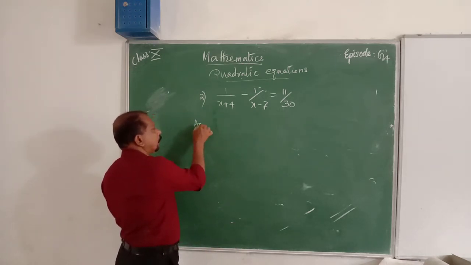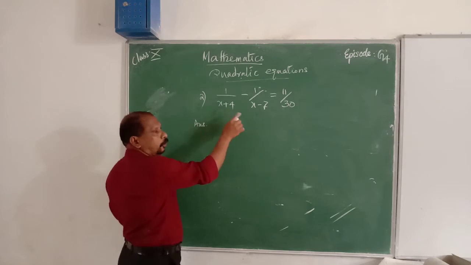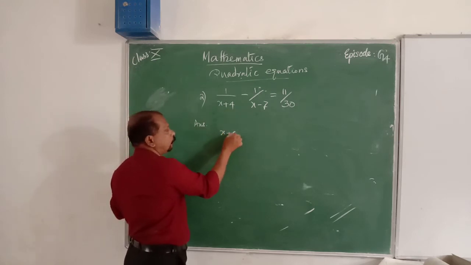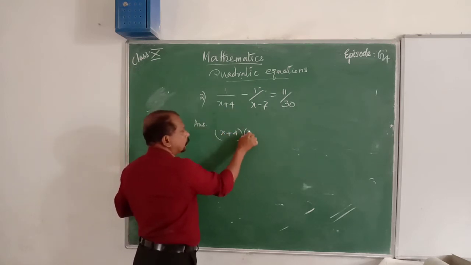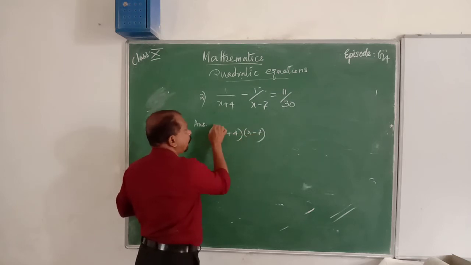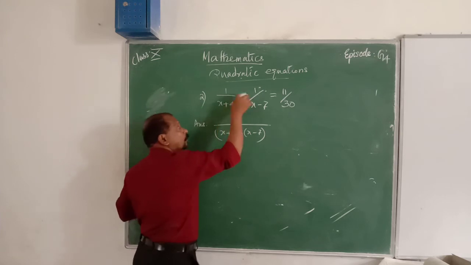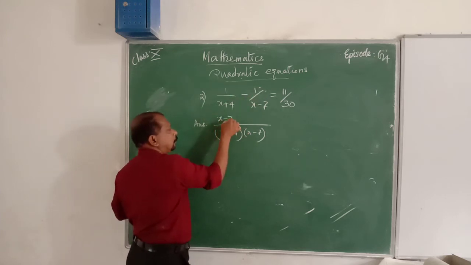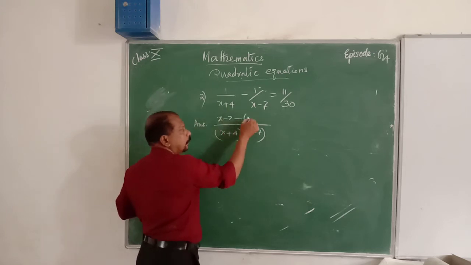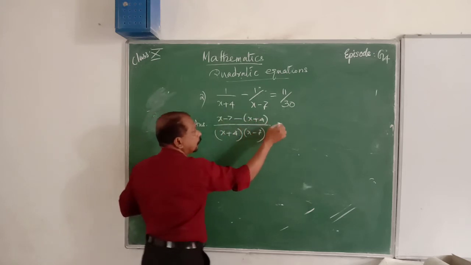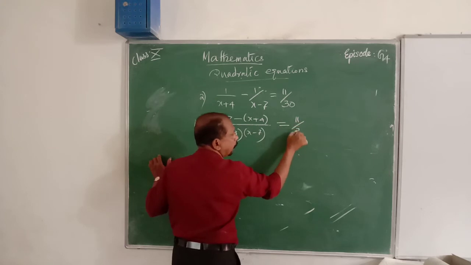Take LCM of the denominators, that is (x plus 4) into (x minus 7), upon cross multiplication: (x minus 7) minus (x plus 4), is equal to 11 by 30.